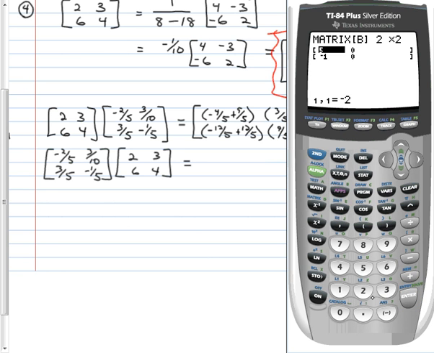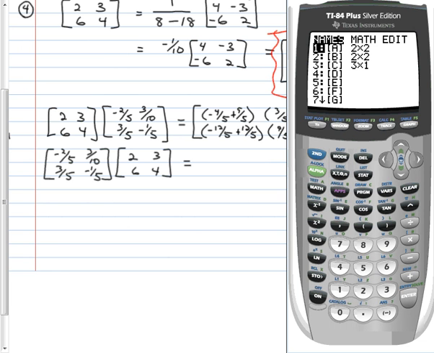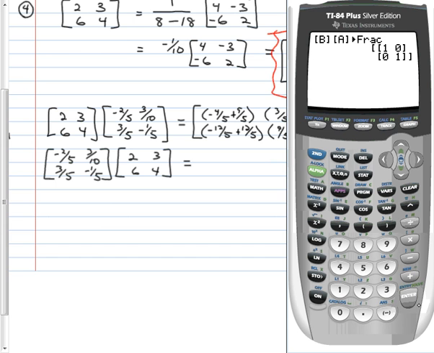Negative 2 fifths, 3 tenths, 3 fifths, negative 1 fifth. Now if I multiply, B times A is what I need to do the second one. B, second matrix A. I'm going to tell it under math to go to fractions, even though we know what the answer should be.